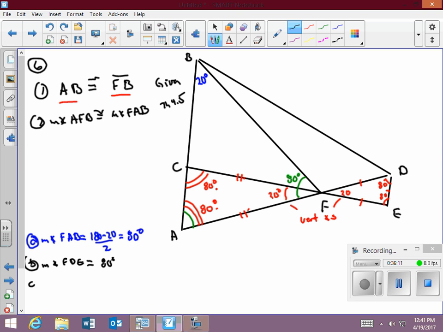So C, angle FCB. This one right here, FCB, has got to be 100 degrees, right? Because it's a straight angle minus 80.